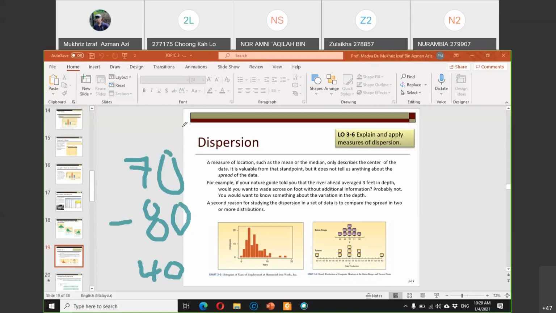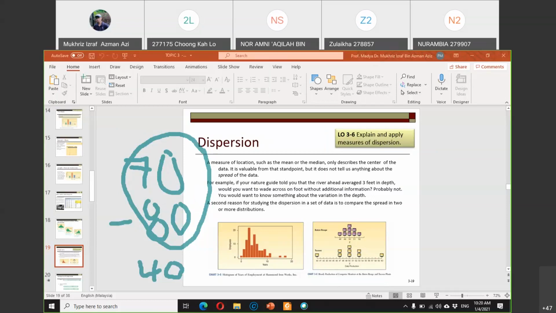So we can say that most of the data is located around this number because 40 out of 50 students have marks in this range. So what we can say is that the data is not dispersed, dia tidak terserak lah, because most of the marks are grouped around this region only.